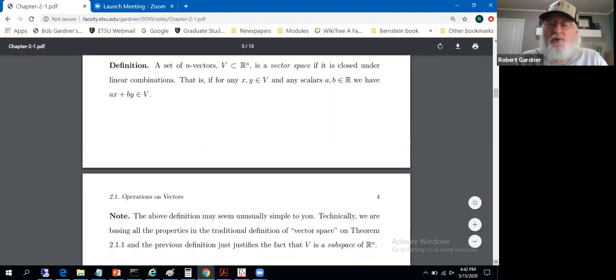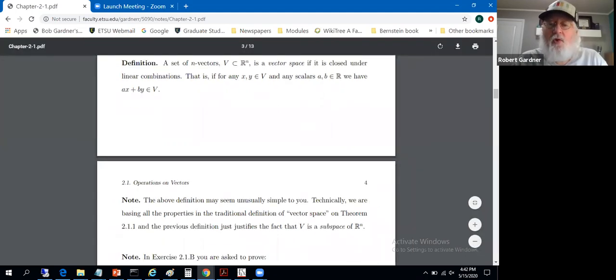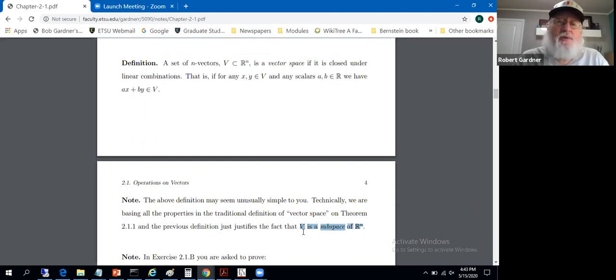This definition jives a bit more maybe with how you dealt with subspaces of Rn. What does it mean for V to be a subspace of Rn? It's a set of vectors that's closed under linear combinations. So that's how you likely encountered this in sophomore linear algebra.